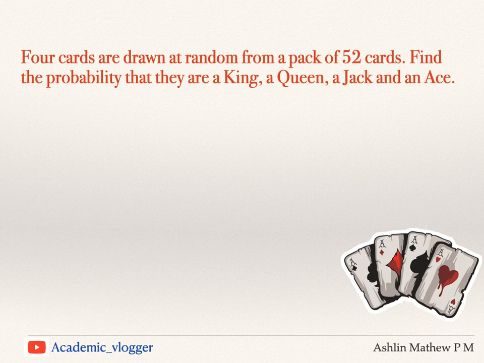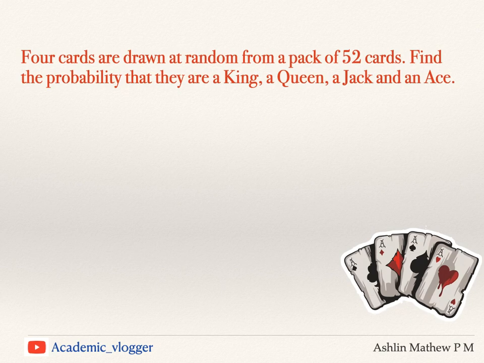There are 52 cards in a deck of cards which has 4 symbols: a heart, which is red in color, a spade, which is black, a diamond, which is again red, and a club, which is black. So there are 4 shapes, with 13 cards in each shape. The heart and diamond are red, and the club and spade are black.